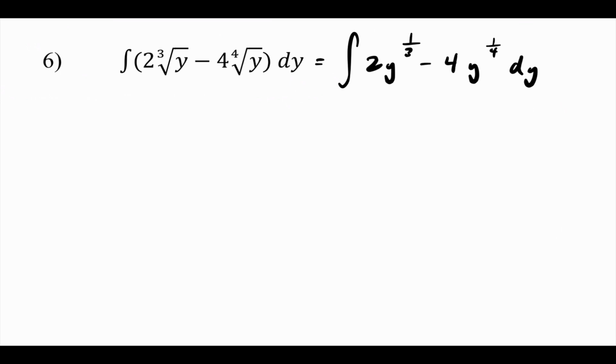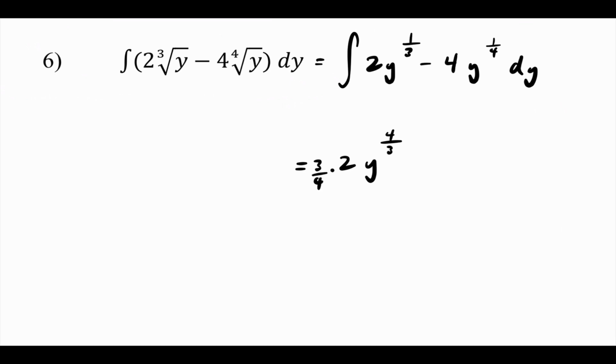Power rule. Add a power to 1/3. So if I add a whole power to 1/3, 3/3, right? I get 4/3. Divide by 4/3. So when I divide by 4/3, I'm really multiplying by 3/4.